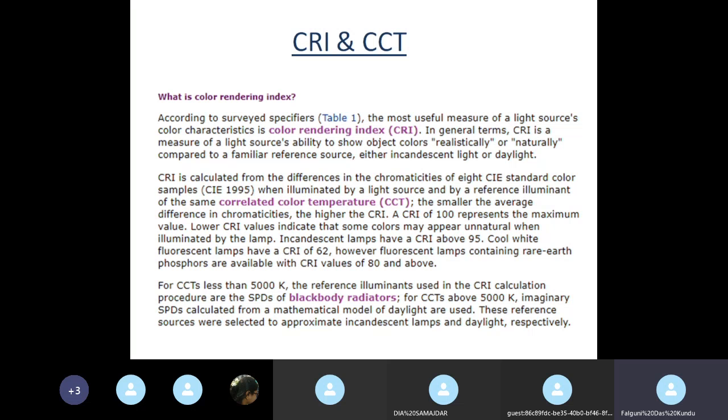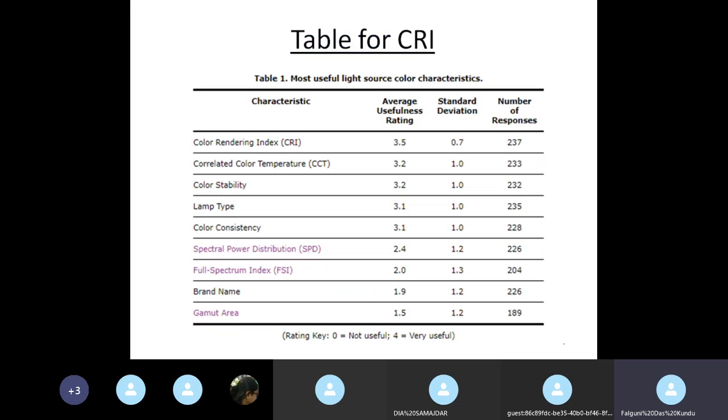For CCTs, meaning correlated color temperatures, less than 5000 K, the reference illuminants used in the CRI calculation procedure are the SPDs of blackbody radiators. For CCTs above 5000 K, meaning Kelvin, an imaginary SPD calculated from the mathematical model of daylight is used. These reference sources were selected to approximate incandescent lamps and daylight respectively.